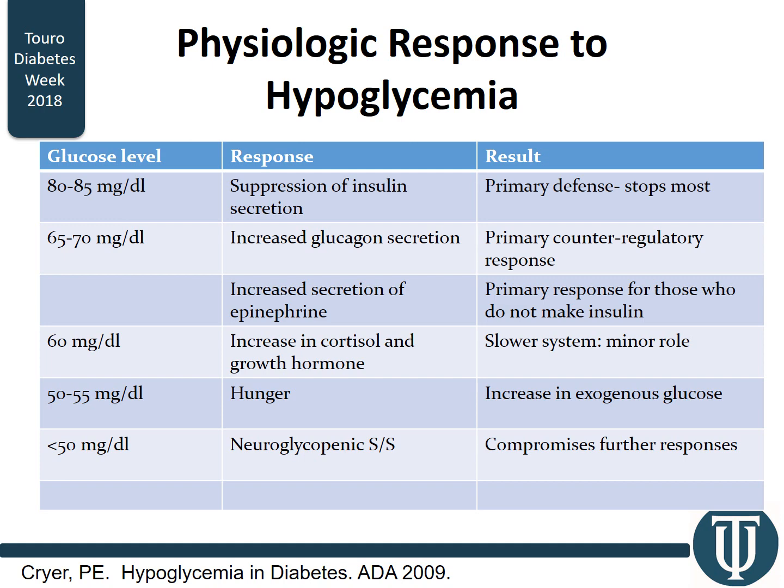If you look here, starting at a glucose even at 80, our primary defense against hypoglycemia is a suppression of insulin secretion. Our body is actually able to regulate insulin secretion, as you learned in the pharmacology lecture, through a pulsatile release and a balanced release between insulin and glucagon.